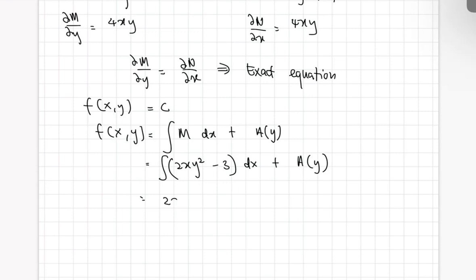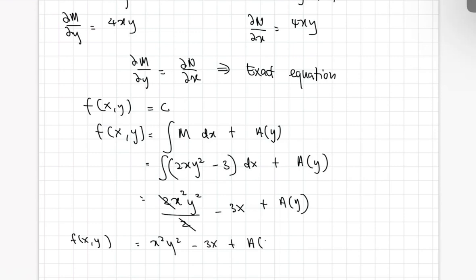So we have 2x squared y squared over 2 minus 3x plus a(y). So 2 over 2 will be 1. Let's rewrite this one: f(x,y) is x squared y squared minus 3x plus a(y).